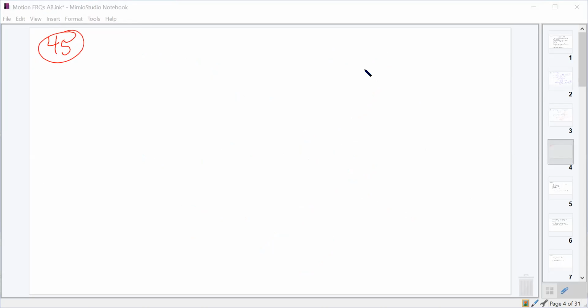Number 45. We are given a slope field using f prime of x equals e to the negative x squared. And then they've thrown onto that a function F of 0.